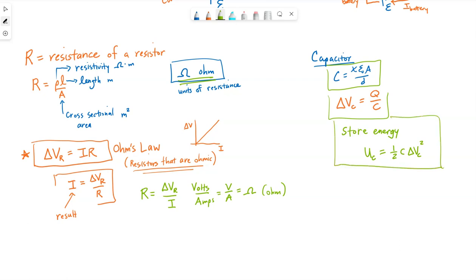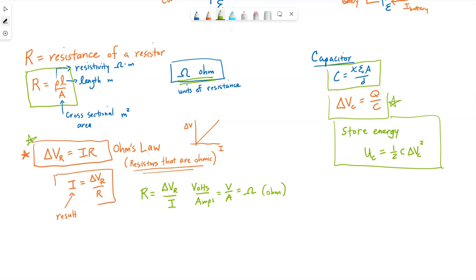So we have some similarities in that the capacitor depends upon what it's made of and how it's made. Resistance depends upon what it's made of and how it's made. The capacitor has a potential difference across it if there's charge. The resistor has a potential difference across it if there's charge moving through it.